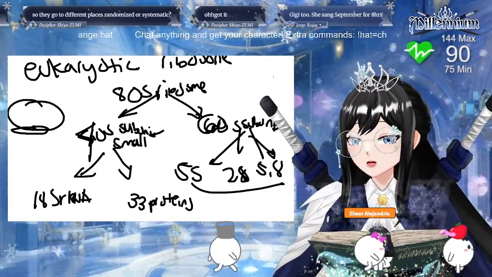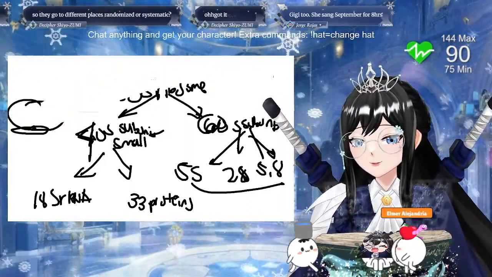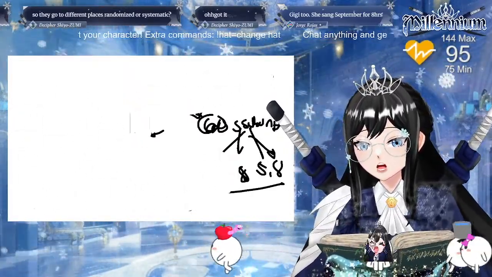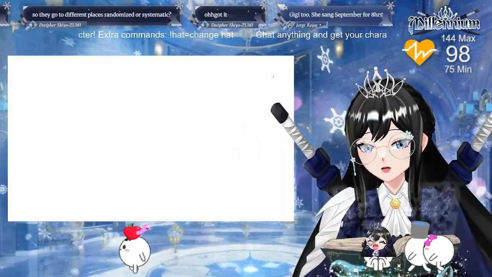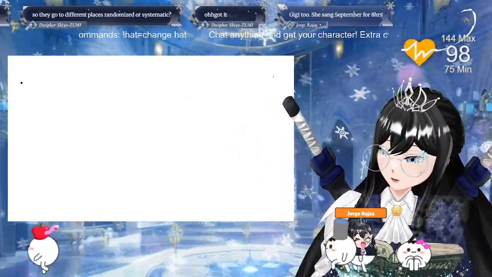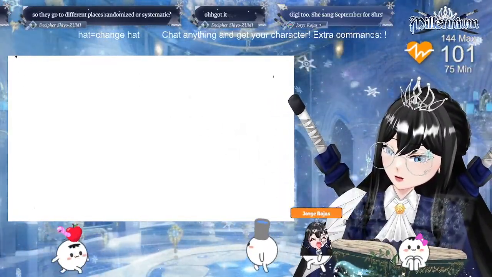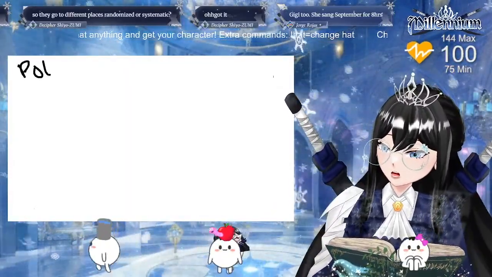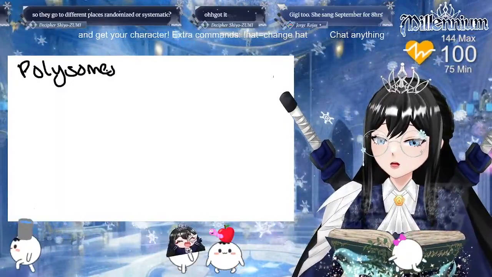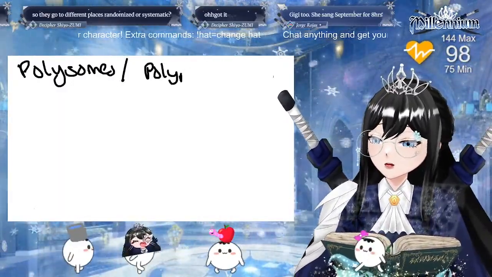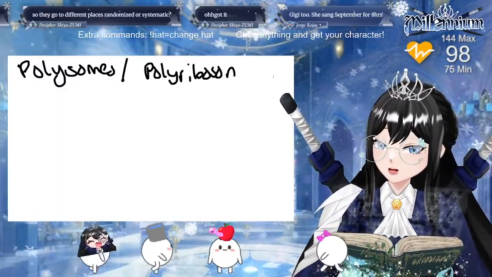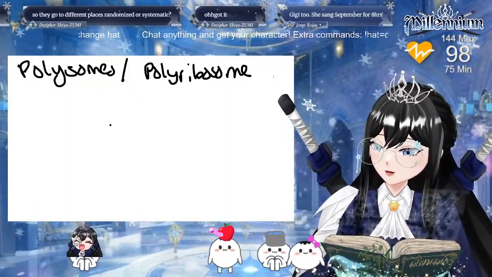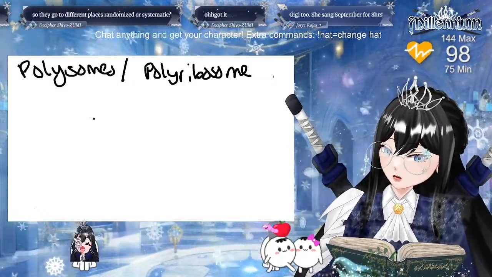Okay? And then, let me just draw this really quickly. We also have the protein synthesis and its relation to targeting and secretion. You have polysomes or polyribosomes. These are multiple ribosomes translating the same mRNA simultaneously, and they appear as beads on a chain.